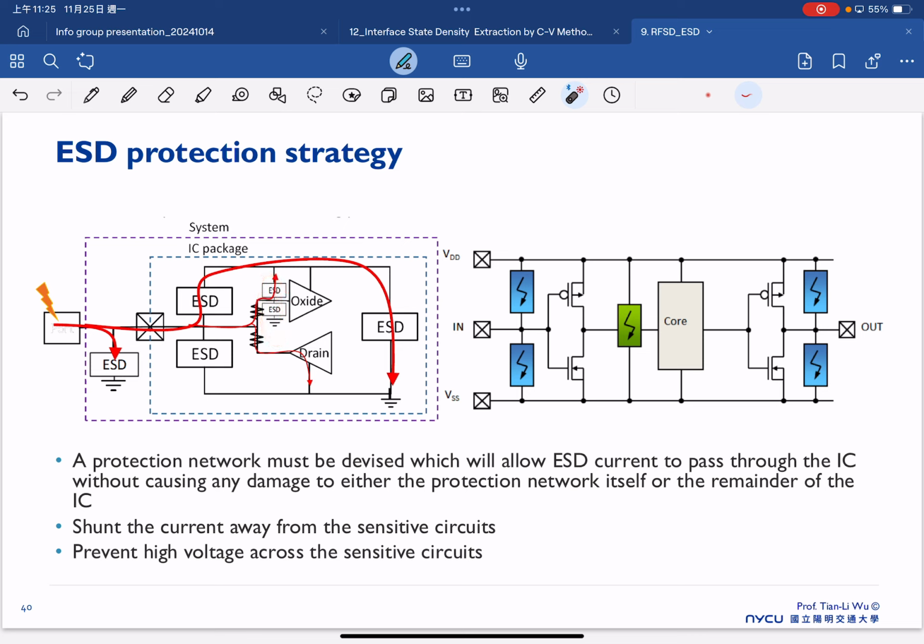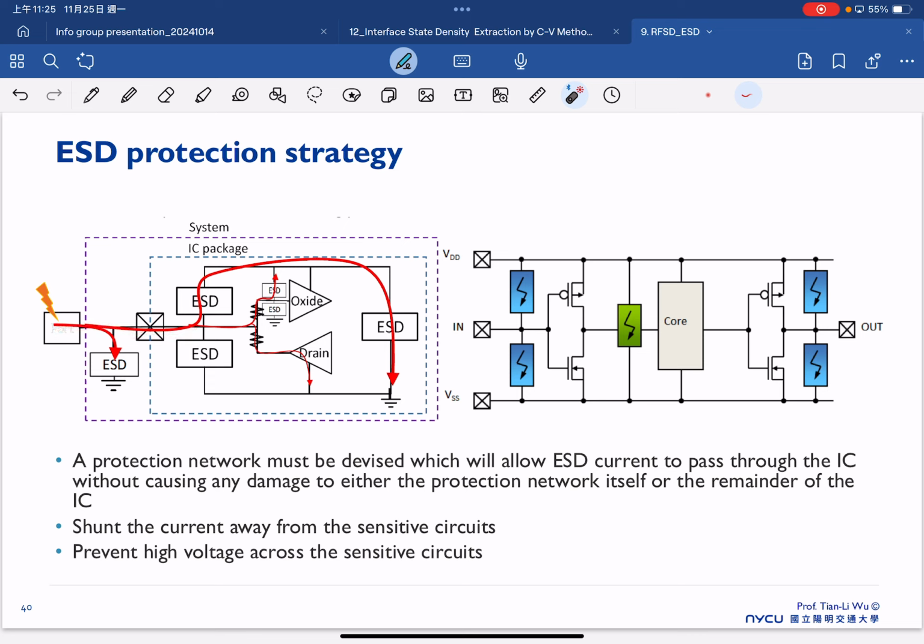Once you have an ESD event, first, in terms of the system, outside the system you have one ESD protection. Then when the ESD event happens, you have a current flow away from here. But this cannot eliminate 100% of the current. So you still have a certain ESD voltage entering into our IC packaging.